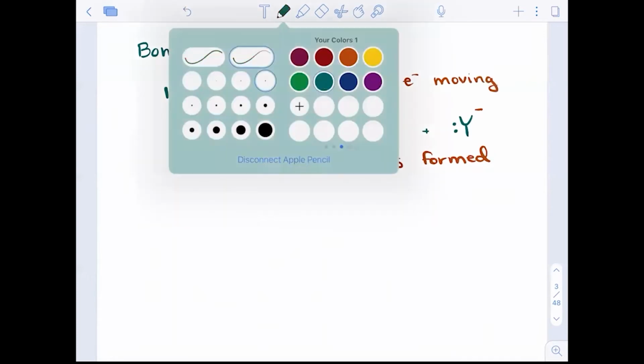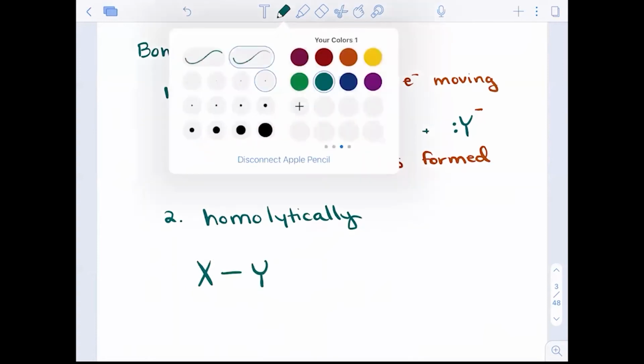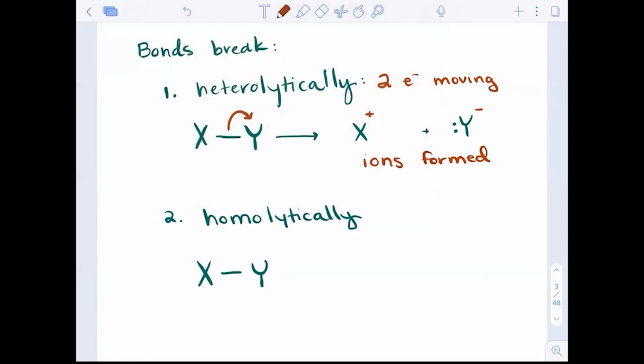This is the most often one that we see in this semester, but there is going to be another way that we can break bonds, and we'll briefly see it in this semester, but we'll talk about it even more next semester, and that's called homolytic bond cleavage. With a homolytic bond cleavage, when a bond breaks homolytically, what we start to see is that one electron is going to move at a time.